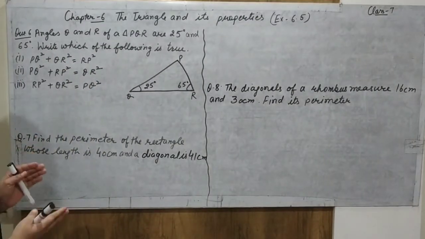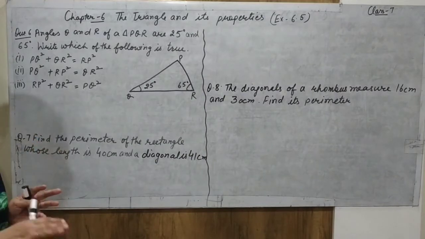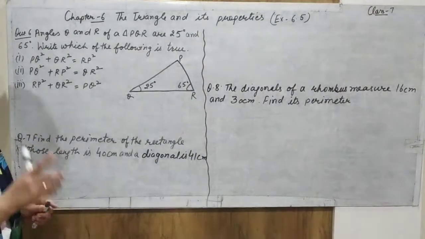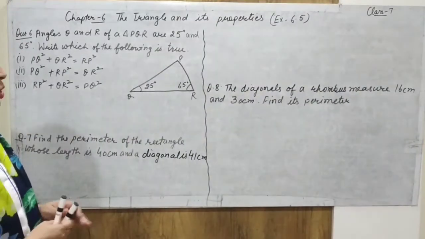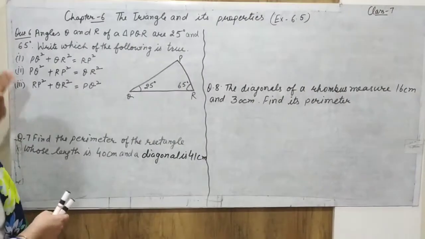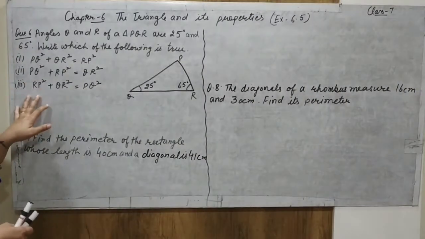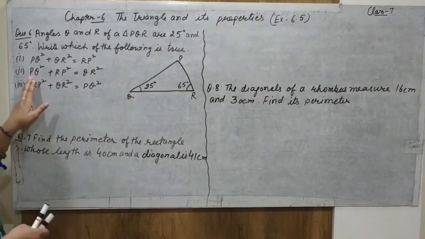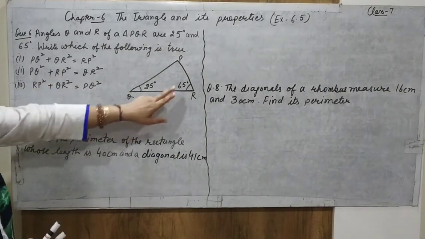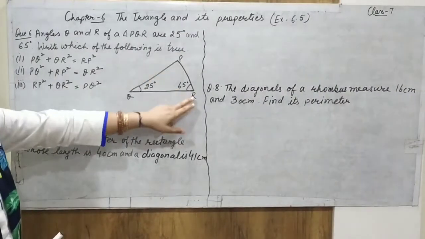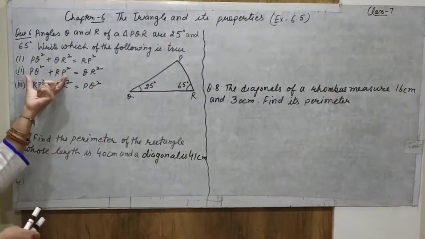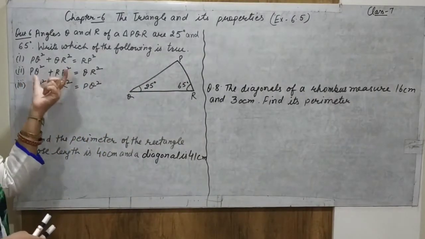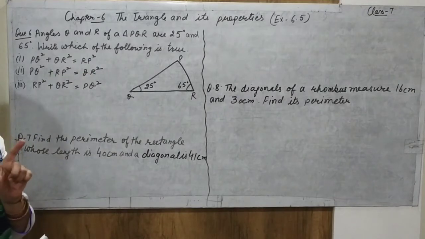It relates the squares of the sides. Suppose we observe PQ and RP: the sum of squares of 2 sides is equal to the square of the third side.